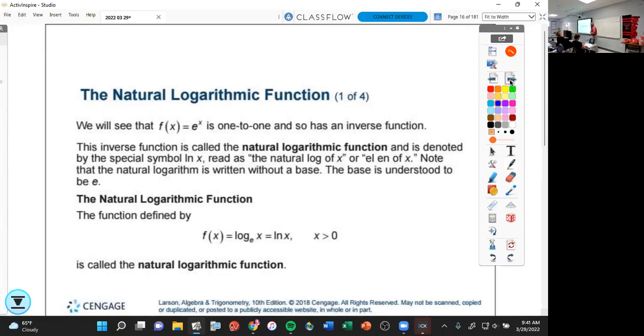I talked about this earlier. Log base e of x is the same thing as saying natural log of x. So if I say natural log of x, you must understand that the base is e. They actually spelled out the word ln. ln of x. Okay, whatever.